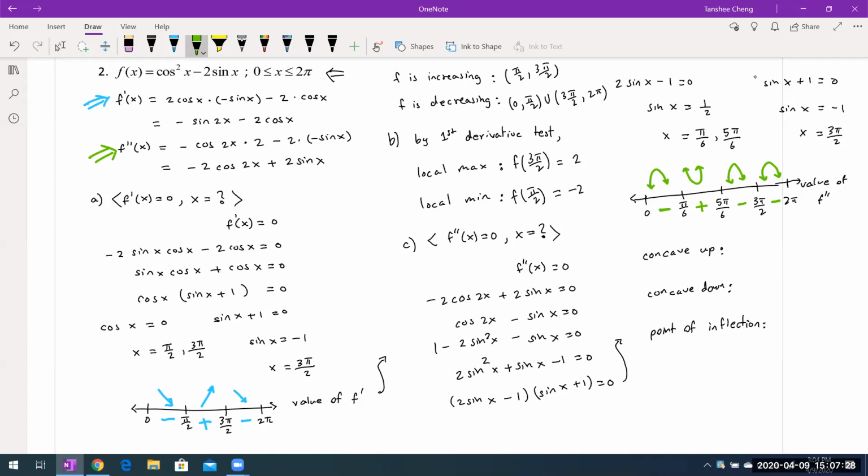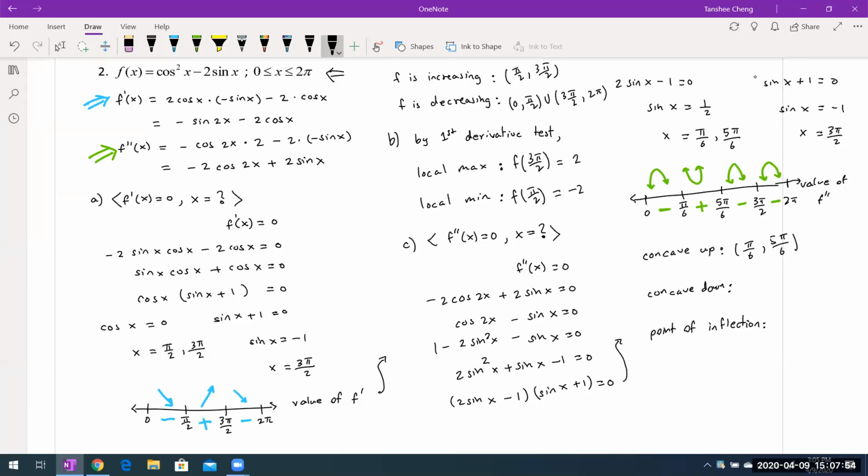After testing the value of the second derivative on each interval, we got that from 0 to pi over 6 and 5 pi over 6 to 2 pi, it is concave down, and between pi over 6 and 5 pi over 6 it is concave up. So now I can write down the interval of concave up, which is pi over 6 to 5 pi over 6.